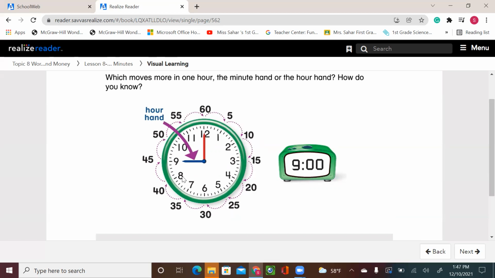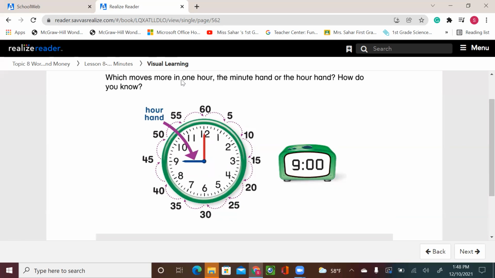It was 8 o'clock when we started the lesson, and then we skip counted by 5 all the way to 1 hour, 60 minutes. And that's when our hour hand moved from 8 to 9.